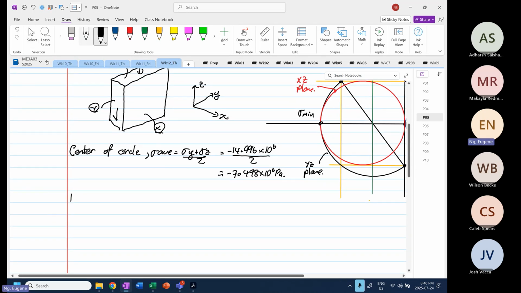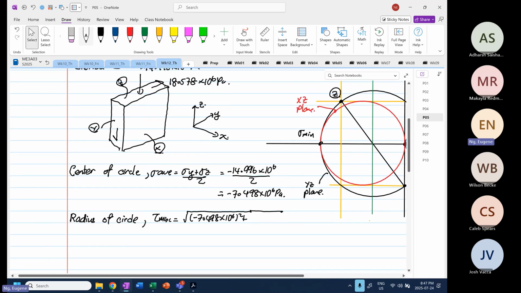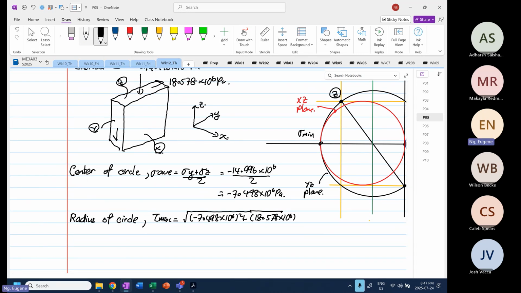Then our radius of circle, for this case, is our tau max. So this happens to be equal to the square root of minus 7.498 times 10 to the power 6 squared plus 18.578 times 10 to the power 6 squared.